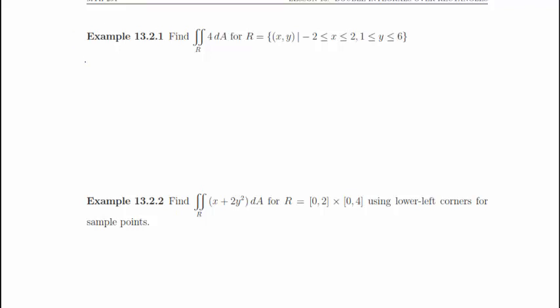So here we have, let's start with, we want the volume, which equals the double integral over the region, given here. This we could also write as [-2, 2] times [1, 6]. And here we have 4 dA.